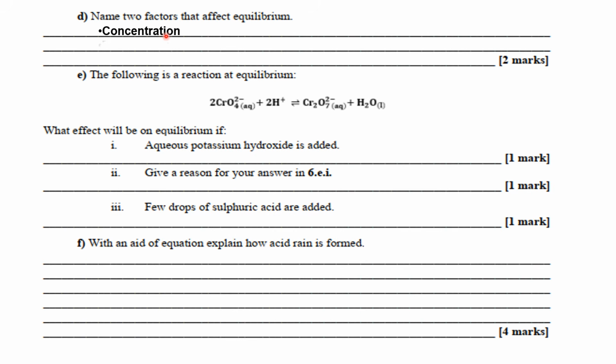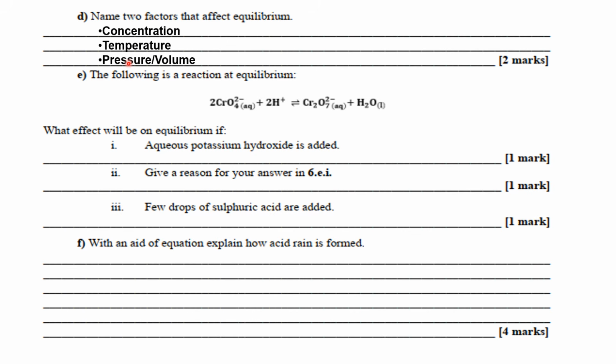And it also follows temperature. If we raise the temperature, then the rate of the reaction is going to increase, which can either favor the forward reaction, where more products are forming, or a backward reaction, where the products are recombining to produce the reactants.